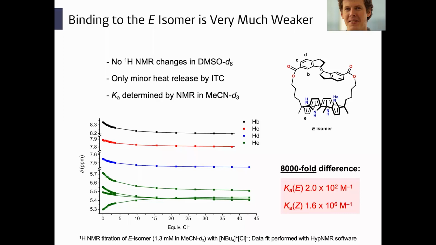And eventually we were able to determine a binding constant by saturating it in a NMR titration in acetonitrile. And by fitting all these data, we found a binding constant which is around 8,000 times lower than what we found for binding to the Z isomer. And this is really, really a large difference. So it's about 2 orders of magnitude larger than the best differences that we were able to achieve and others were able to achieve in photoswitchable anion receptors.